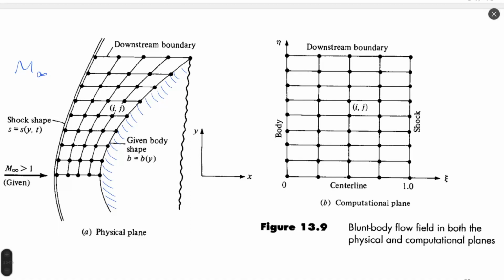So from a computational point of view, there is no sense in calculating anything outside of this shock wave. Only between the shock wave and the body will flow properties change. Everything which happens before the shock wave will have constant behavior, totally constant flow properties.